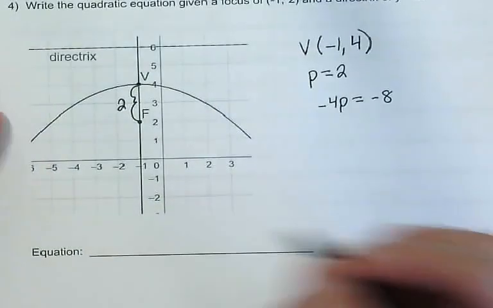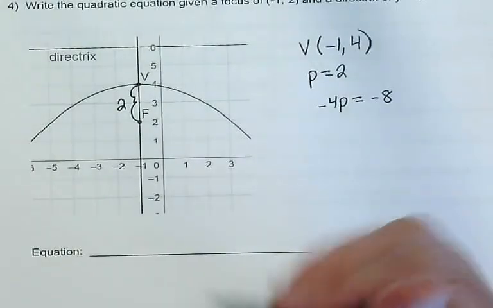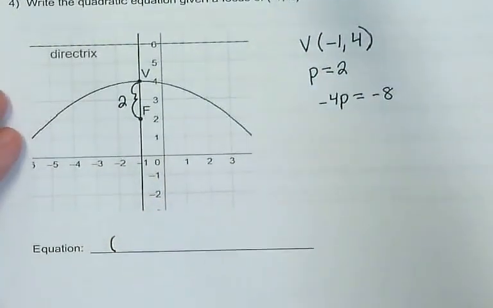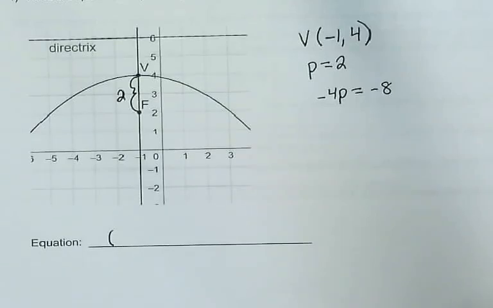So if it opens down, which variable is squared, x or y?